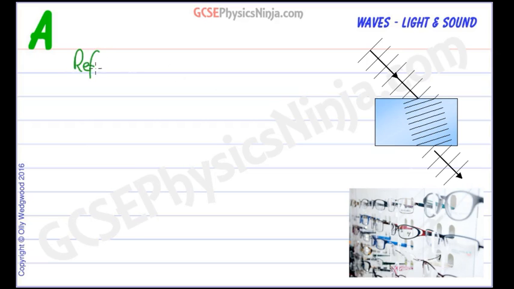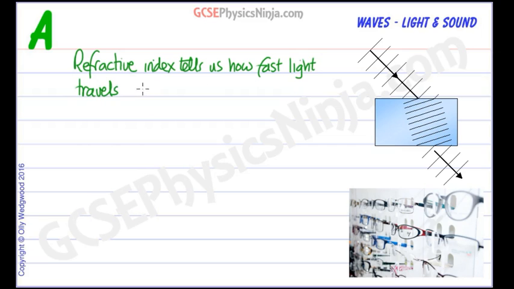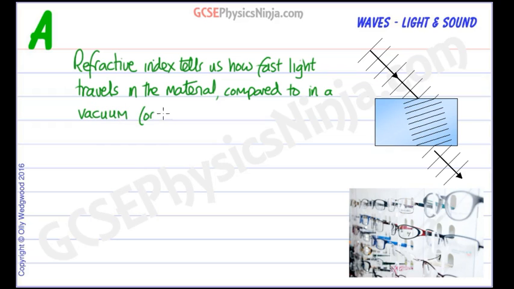Refractive index tells us how fast light travels in the material compared to in a vacuum or air.